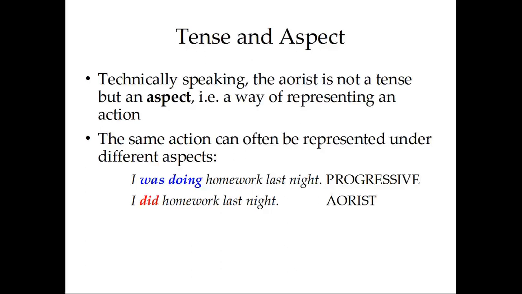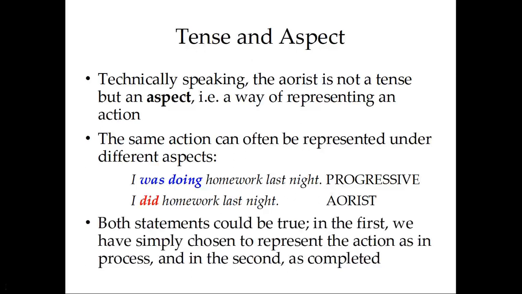What's important is the following. Both statements could be true. In the first, we have simply chosen to represent the action as in process, and in the second, as completed. If I did homework last night, presumably at some point I was in the process of doing that homework. And whether I say that I was doing the homework or I did the homework depends on the aspect under which I want to represent the action.